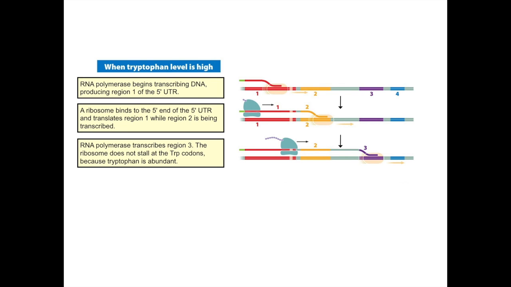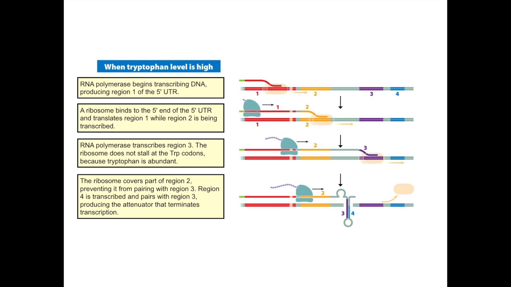The ribosome does not stall at the trp codons because there's plenty of tryptophan around. And then the ribosome covers part of region 2, preventing it from pairing with region 3. Region 4 is transcribed and pairs with region 3, producing the attenuator that terminates transcription. So this loop prevents transcription from happening.